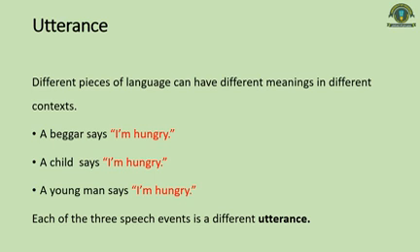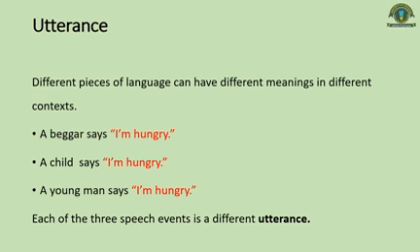So the three events obviously have something in common, yet just as obviously they are different, because they indicate different intentions. They are liable to be interpreted differently. Why? Because the situation and the participants are different. Each of the three speech events that we have discussed is a different utterance.